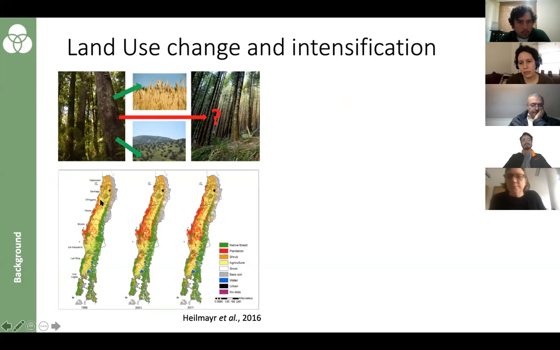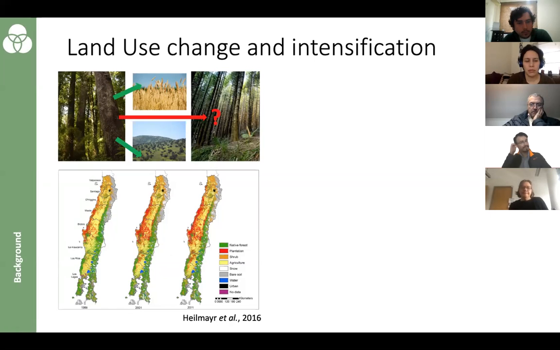This red colors the change of land use for plantations. And you can see that in this central south region it's been changing, and it's been increasing through the years. This is from 1985 to 2011. And you see this increment, especially in the coastal range, and more recently in the Andes Piedmont.